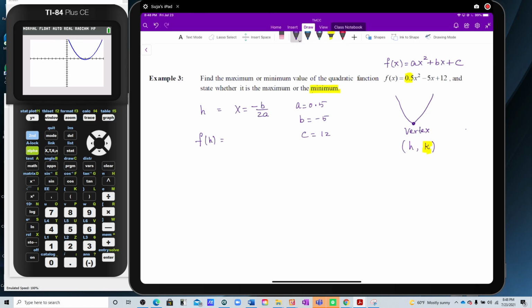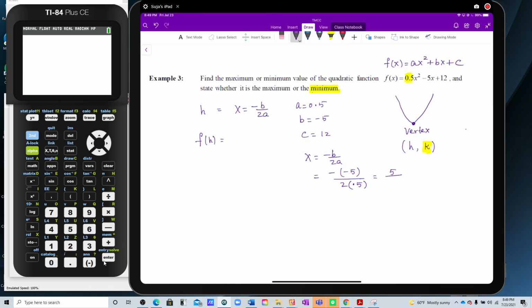So if I plug this back into the formula x equals negative b over 2a, I will have negative negative 5 over 2 times a, which is 0.5, right? So this would be 5 over 2 times 0.5, which is like a 1, right?